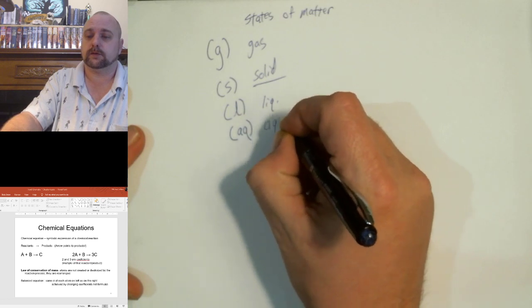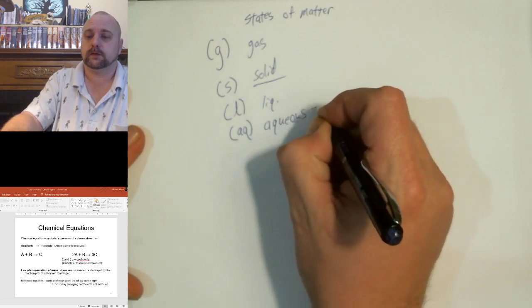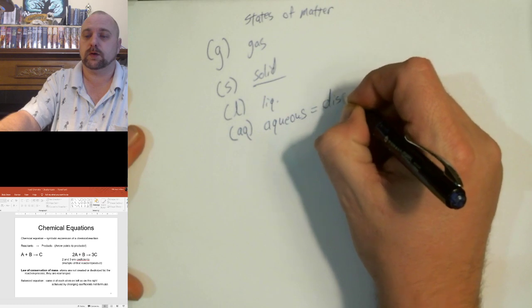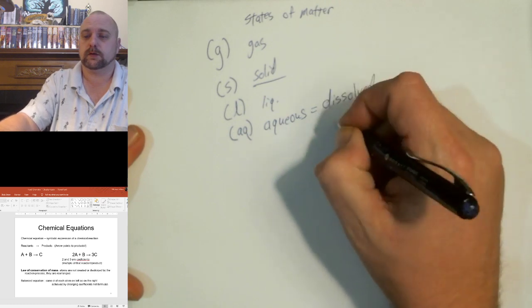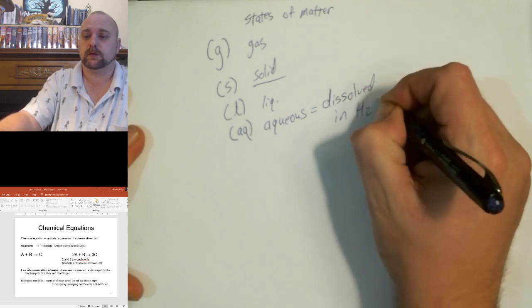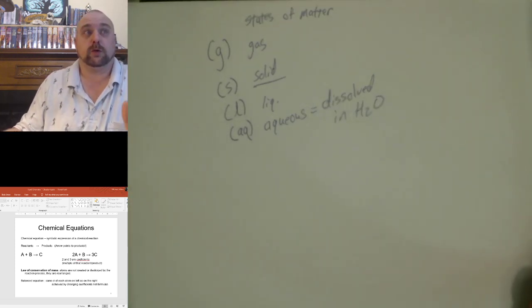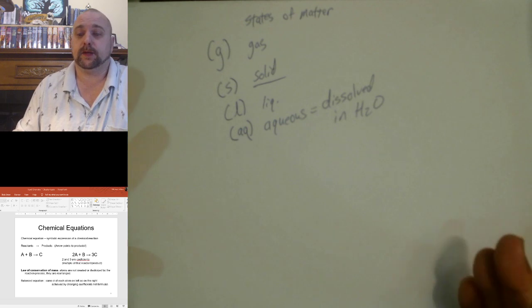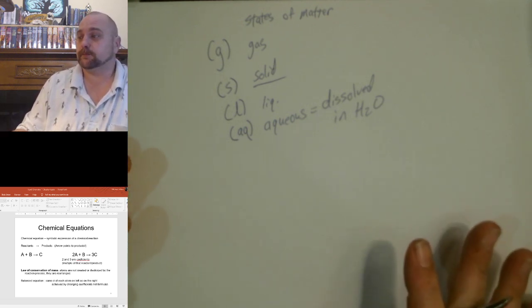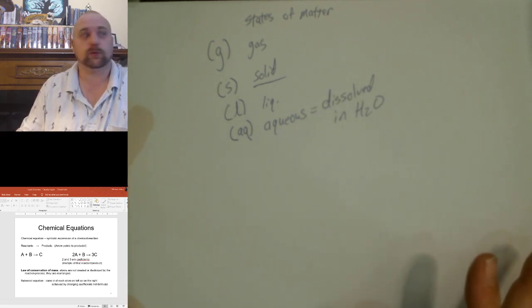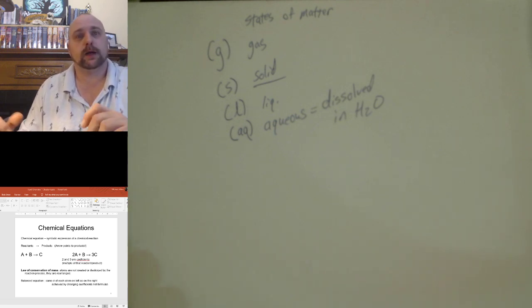Aqueous is dissolved in water. Which, if it's soluble in water, it will be dissolved in water. That simple. Alright? So, when we read these, we always want to keep in mind that there's a conservation of mass.